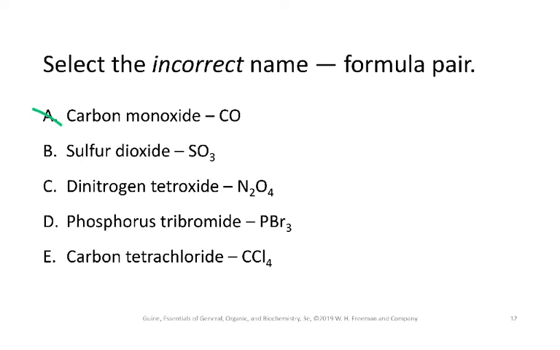CO. I'm going to skip one and go to C. N2O4 is dinitrogen tetroxide. Phosphorus tribromide is correct. Carbon tetrachloride is correct. And sulfur dioxide is wrong. That would be SO2, or SO3 would be sulfur trioxide.